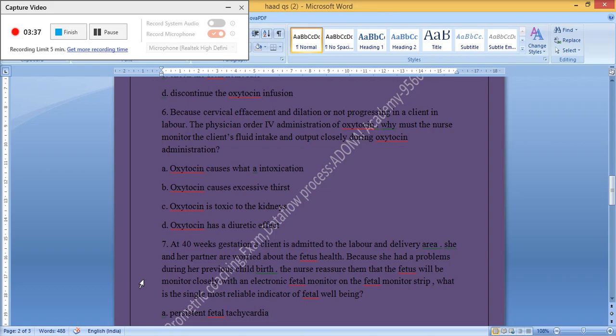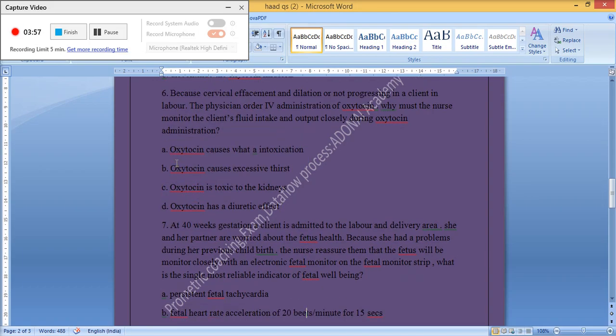B. Oxytocin causes excessive thirst. C. Oxytocin is toxic to the kidney. D. Oxytocin has a diuretic effect. The correct answer is A. Oxytocin causes water intoxication.